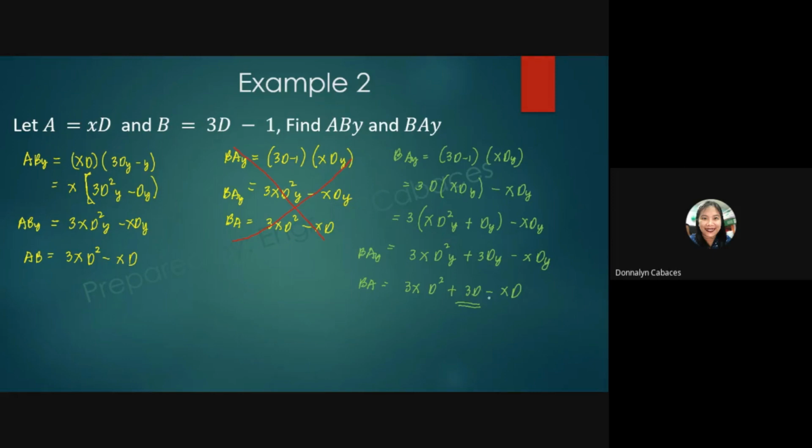Okay? So this should be now your BA, and therefore, you will be concluding that AB is not equal to BA. So generally, if you have variable coefficient, AB, or the product of the two differential operators are not equal.